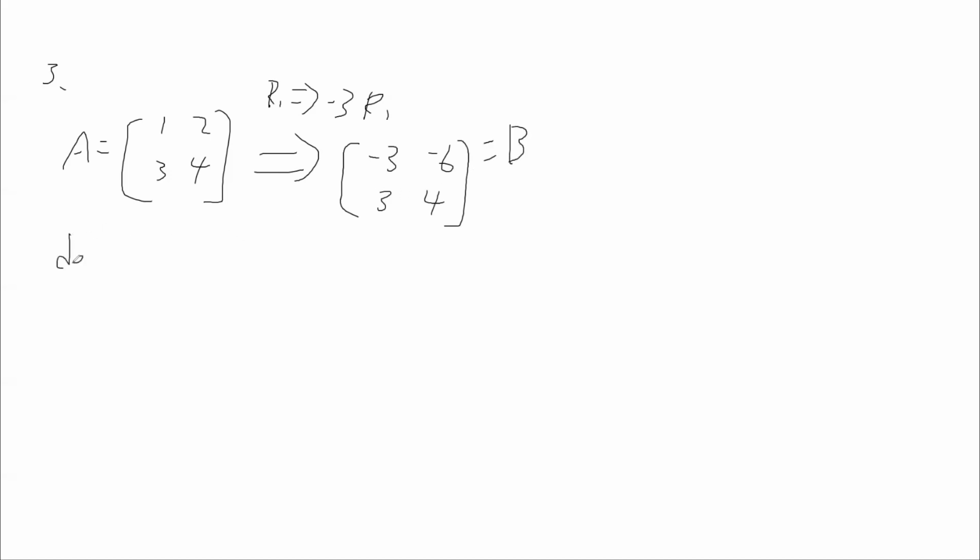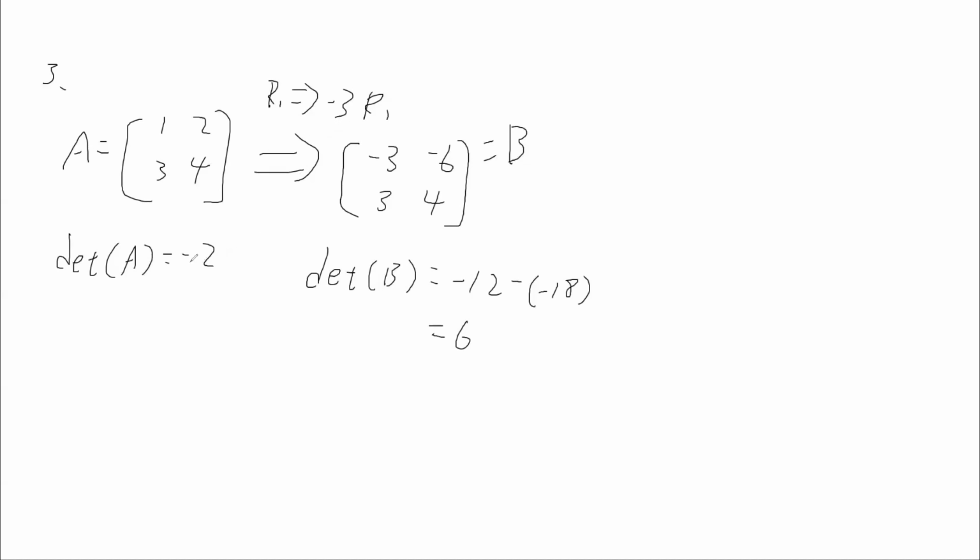And again, we know that the determinant of A is -2. And let's check the determinant of B. -3 times 4, -12, minus 3 times -6, which is -18. That gives us +6. So -2 became +6, and we did that by multiplying row 1 by -3.